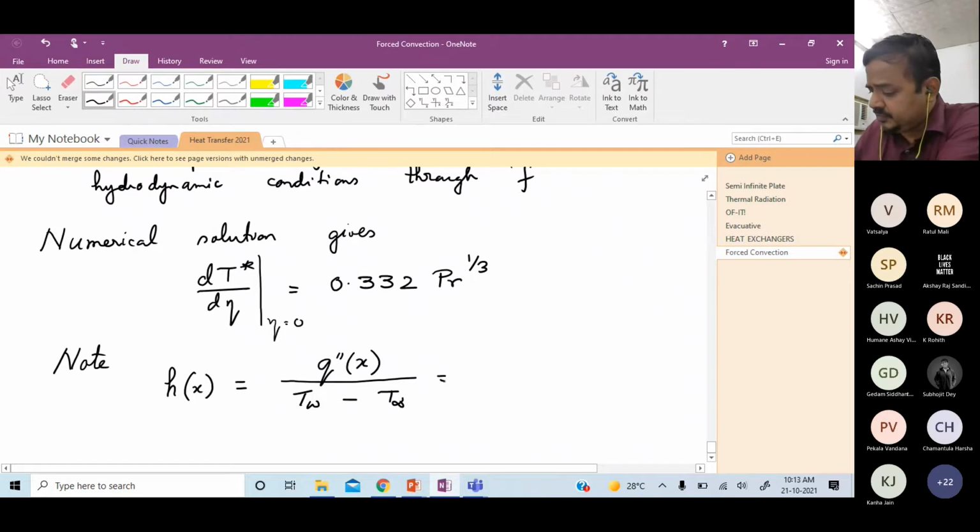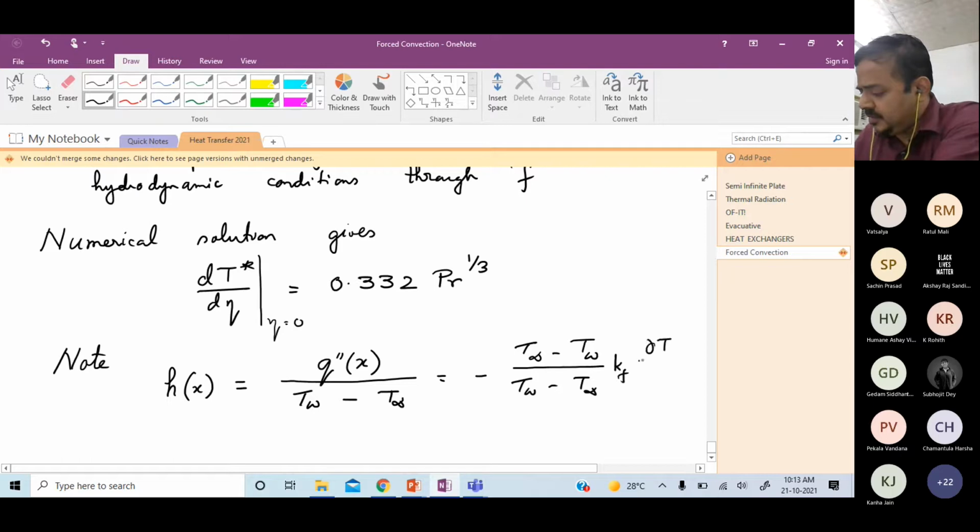So I can write it in this manner: minus T infinity minus Tw, kf del T star del y.